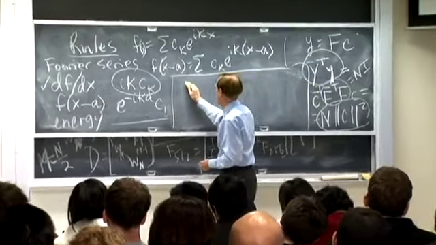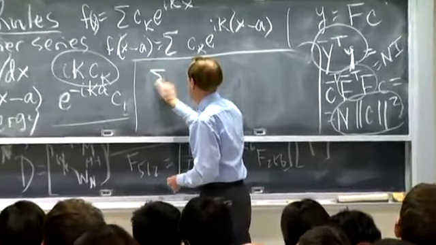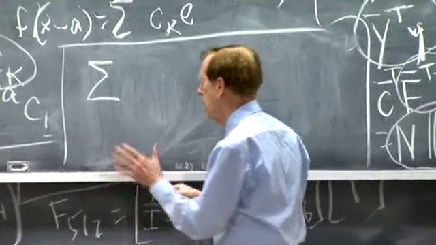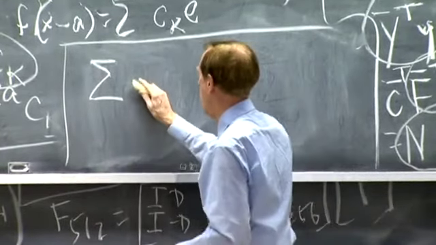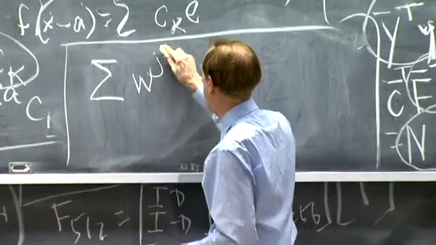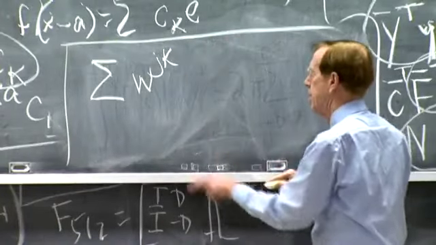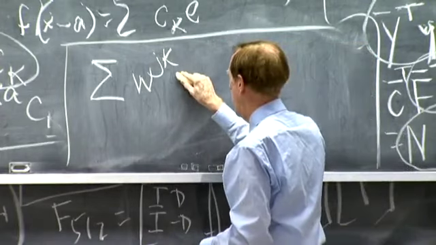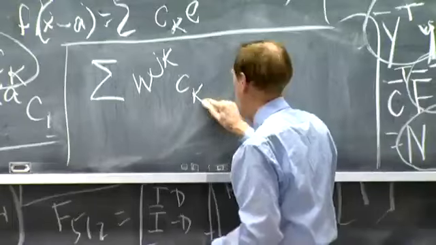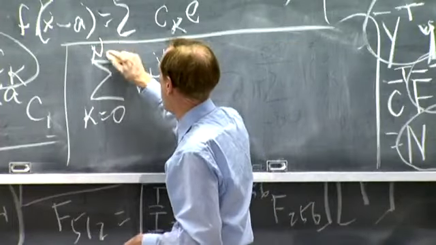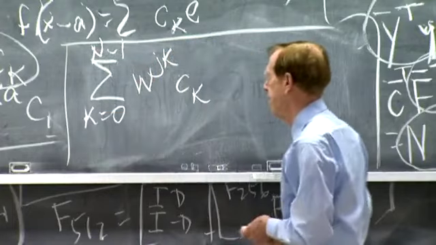We want, when we multiply Fourier F times something, the sum of w to the jk, right? That's the entry of F times ck, summed from k equals 0 to n minus 1, to 1023.